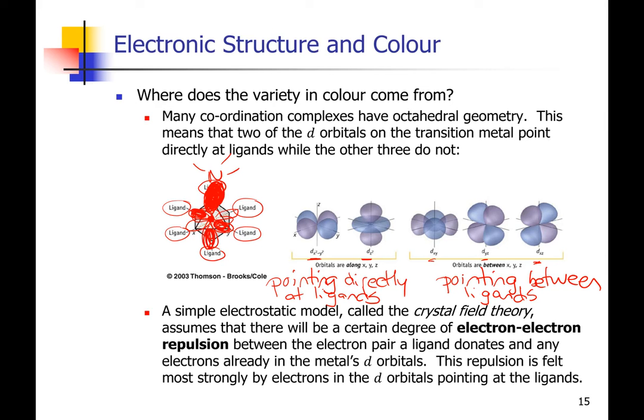And so the electrons from the ligand that are being used to make this bond will repel the electrons in the d orbitals pointing right at the ligands by more than they will repel the other electrons in the other d orbitals. And this then would make it more favorable or lower energy to have the electrons be in the d orbitals that are pointing between the ligands rather than the ones that are pointing right at the ligands. And that sets up 2 different energy levels for our d electrons.